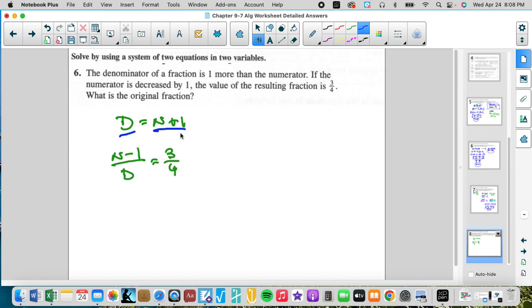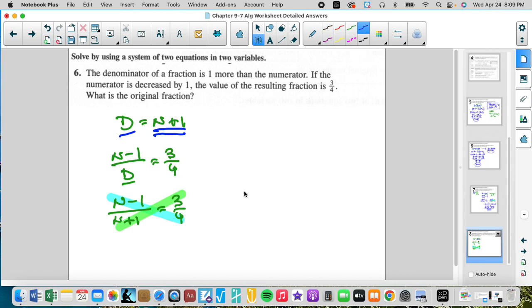We'll substitute this value in for D. So we get n minus 1 over n plus 1 equals 3/4. Cross product. Cross, cross.